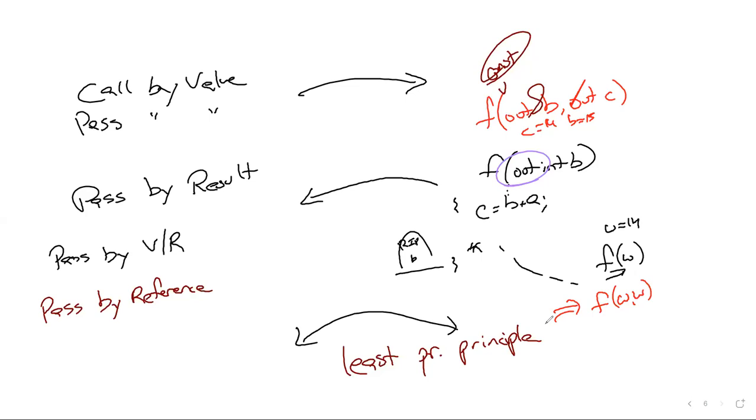So a least privilege principle would mean that you would copy in and not give access to the original variable. You could get the least privilege principle working if you add the const quantifier. So you ask yourself, why not always use the in-out? The answer is because of the least privilege principle. Do not give people access out if you do not need it. Do not give people access in if it doesn't need it, right?